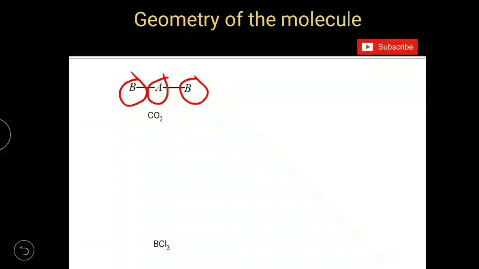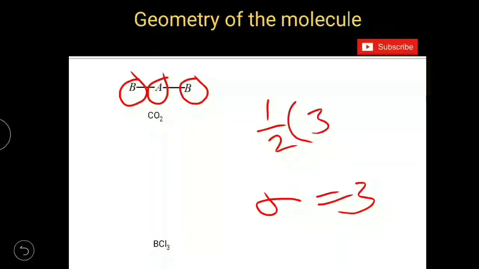Next come to BCl3. Number of valence electrons in boron is equal to 3, and here 3 chlorine atoms are bonded to boron. So the number of sigma bonds formed by boron is equal to 3. And to find the number of lone pairs, valence electrons in boron is equal to 3, and each chlorine can form a single bond.